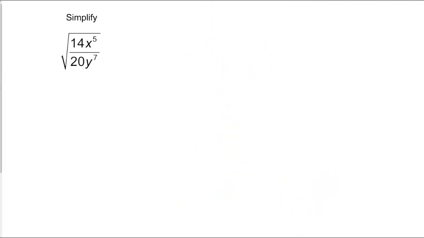Let's do one more. In this case, I can reduce once again the 14 and the 20. And I'll go ahead and do that. 2 goes into both, 7 times in the numerator, and in the denominator it's going to go in 10 times. And notice also that I have some perfect squares within the variable terms. I'm going to break those down and remove those.